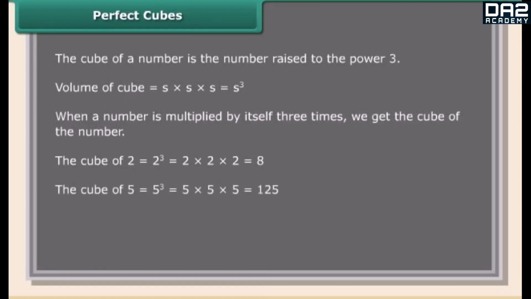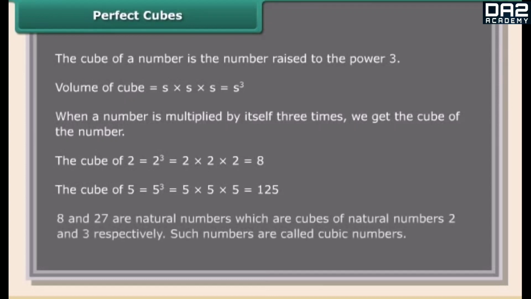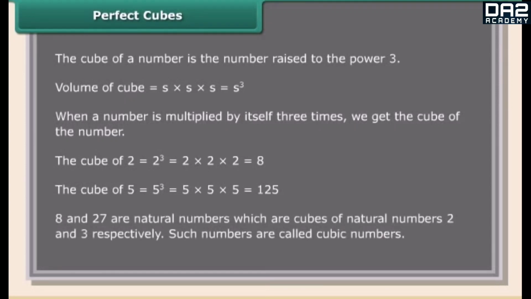The cube of 5 is 5 cube, which is 5 into 5 into 5, which is equal to 125. 8 and 27 are natural numbers which are cubes of natural numbers 2 and 3 respectively. Such numbers are called cubic numbers.